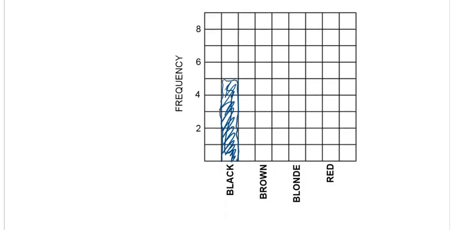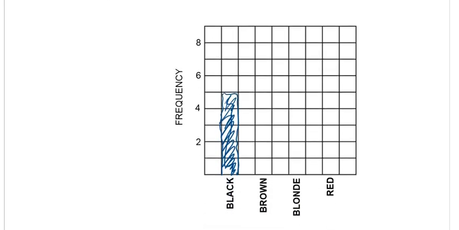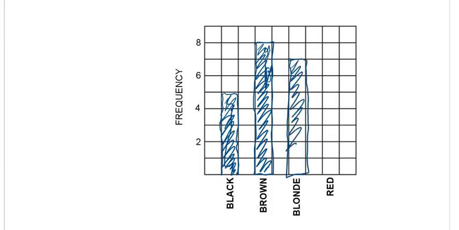For brown, it's going to be 8, so go right up to the 8 mark. And then for blonde, we said we had 7. And for red, we had 4.